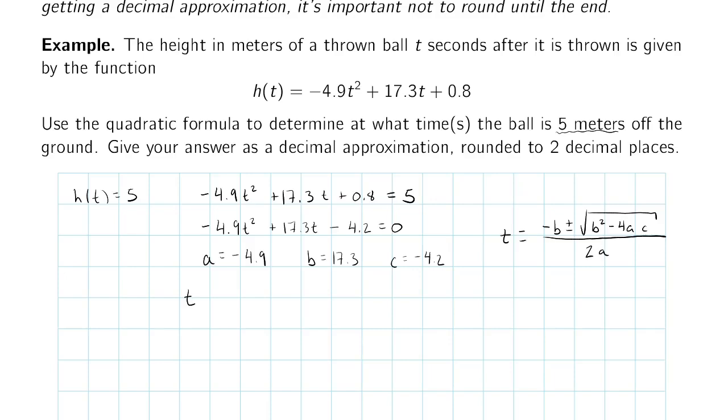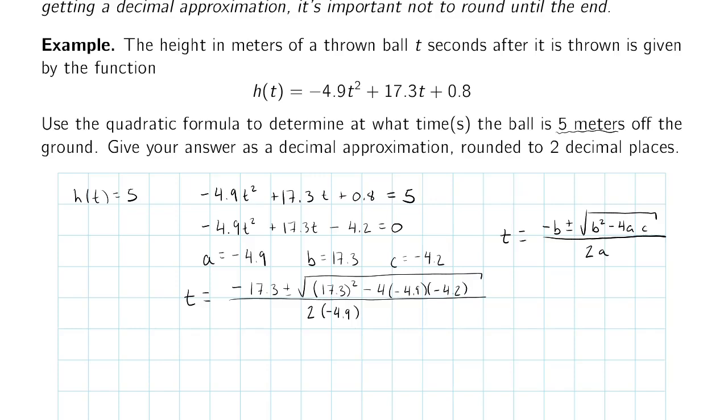So plugging in, t equals negative 17.3 plus or minus the square root of 17.3 squared minus 4 times negative 4.9 times negative 4.2, and that's going to be all over 2 times negative 4.9.